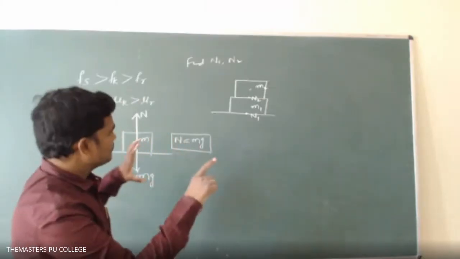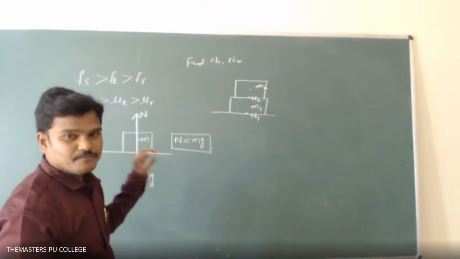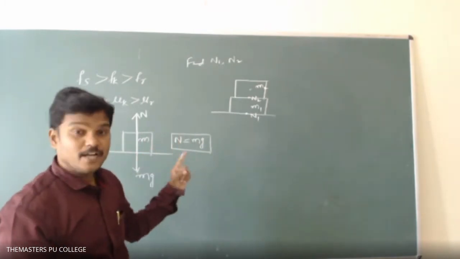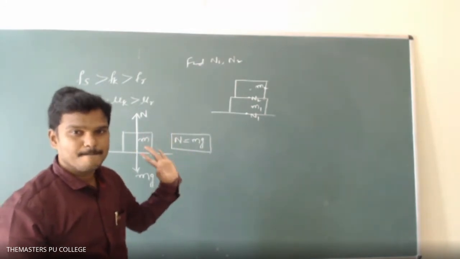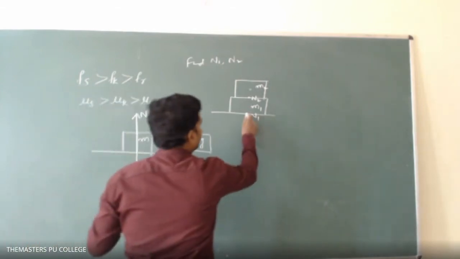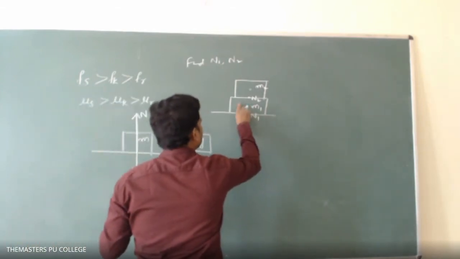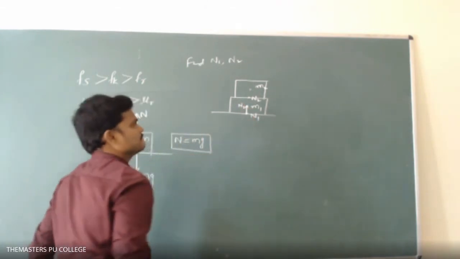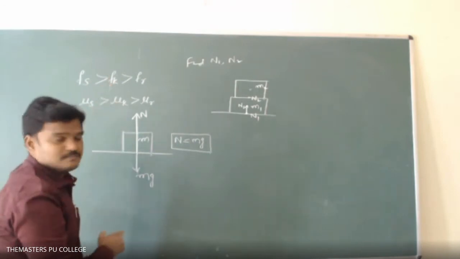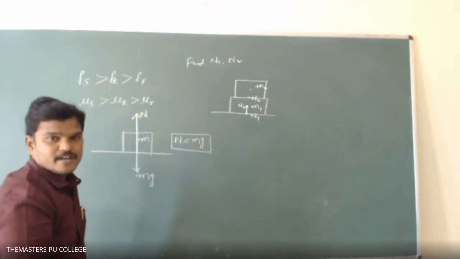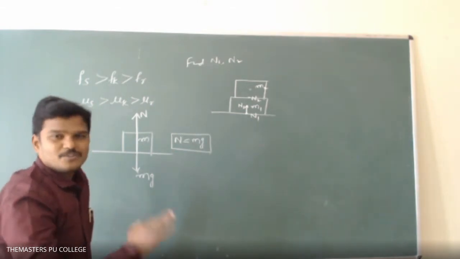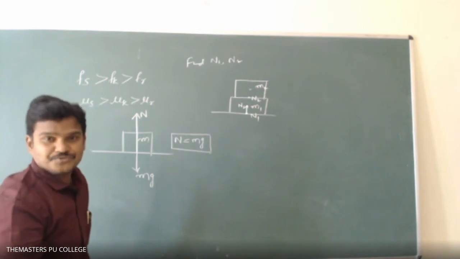If you consider only M1, just listen to my words carefully. On M1, does N1 act up or down? On M1, N1 acts upward. Is it clear? Normal reaction on M1 is acting upward. And this normal reaction is a contact force and a pair of forces.